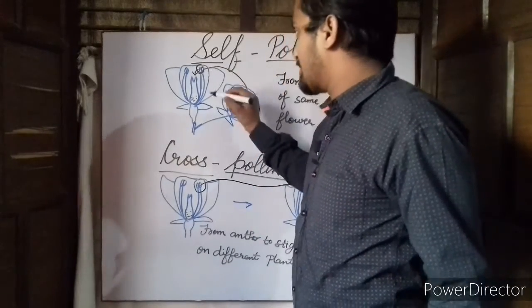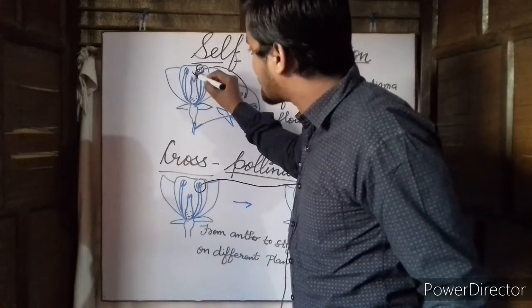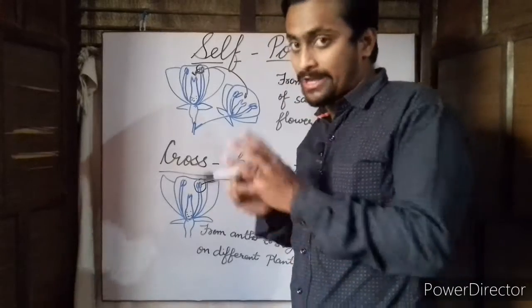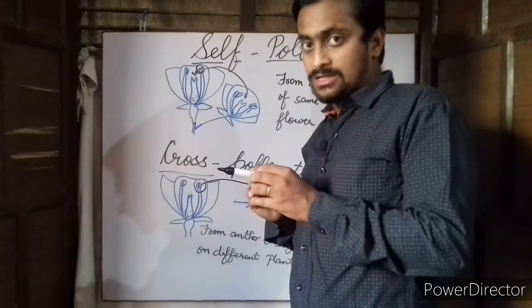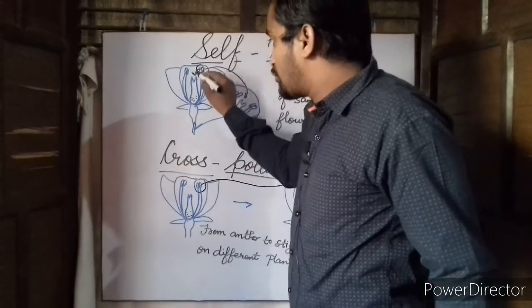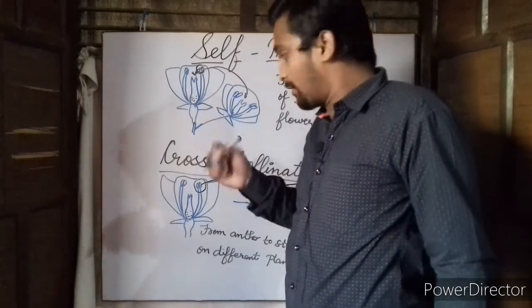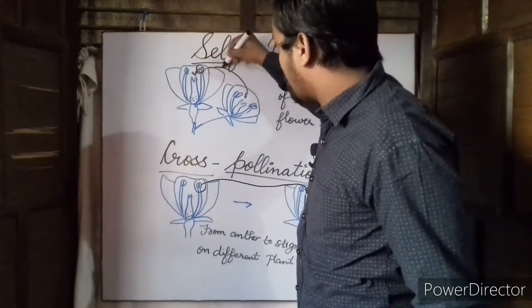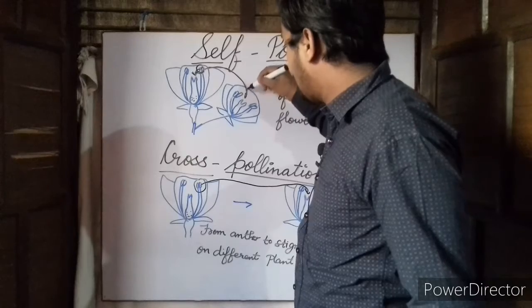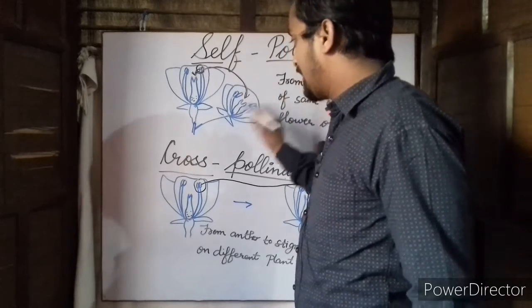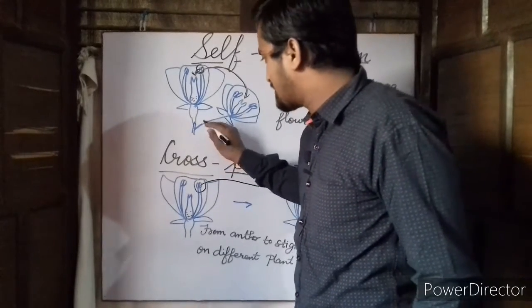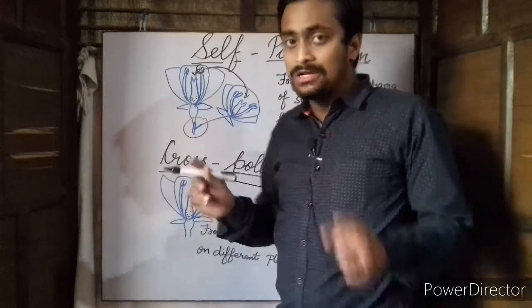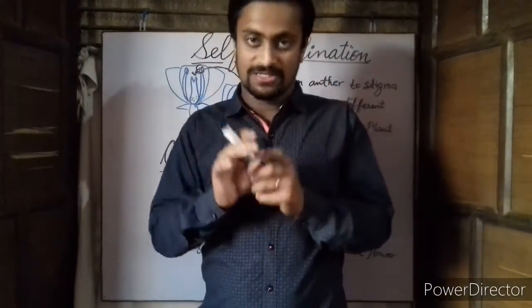These pollen grains, if they land on the stigma of the same flower, it is called self-pollination. Suppose these pollen grains do not land on the stigma of the same flower, instead they land on the stigma of a different flower, but this flower is present on the same plant. So this is an example of the self-pollination process.